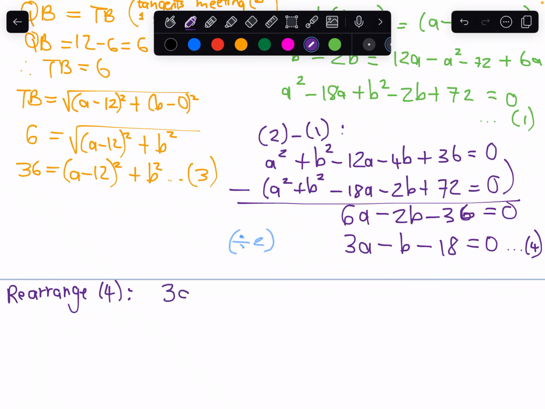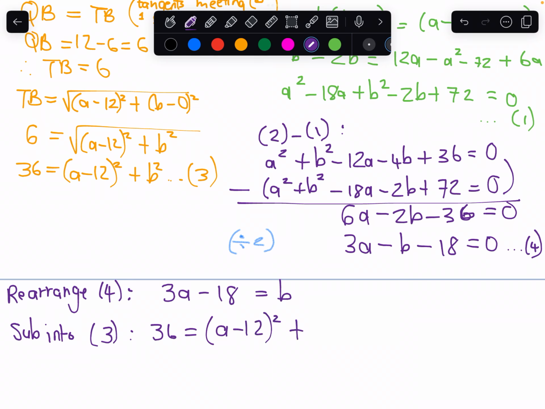So 3a minus 18 is equal to b, so that's an expression for b in terms of a, so I'm going to sub that into equation 3. So then I've got 36 is equal to a minus 12 squared plus 3a minus 18 squared.